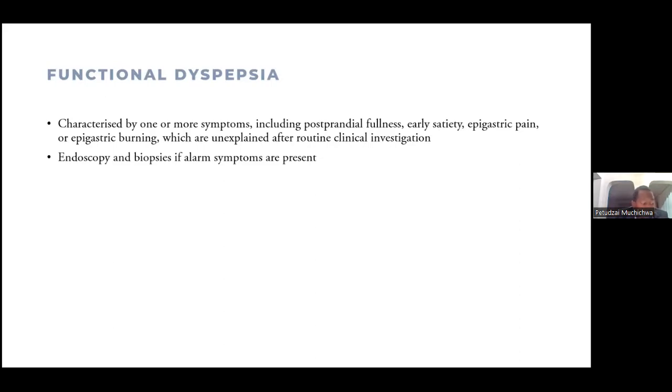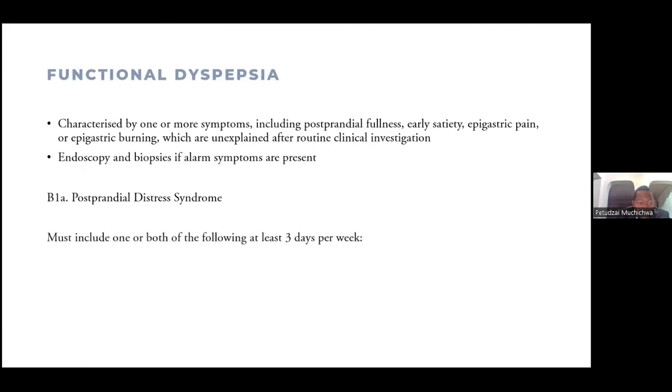Alarm symptoms, to recap, are vomiting, anemia, upper or lower GI bleeding, an abdominal mass, unintended weight loss, and dysphagia.